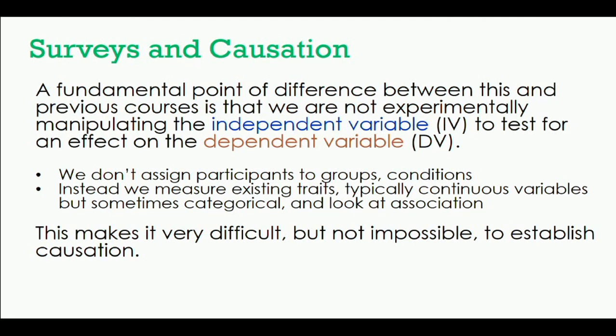Sometimes too, though, we will look at a categorical variable, which we dummy code for, like gender, or like whether you believe it's appropriate for people to use emoji in business and things like that. And then we can look at association. So because we've sacrificed that internal validity, that makes it very difficult, but not entirely impossible, to establish causation.